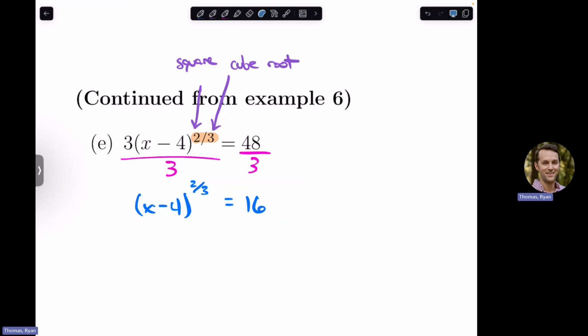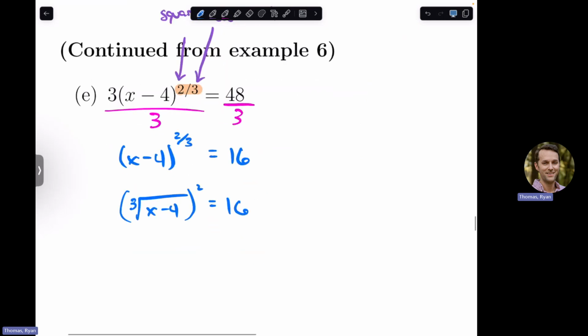Okay, so that helps, but we still have to at some point deal with what this 2/3 power means. The square root with the 3 in front. Okay. X minus 4 squared. Yep. Okay. Now take a minute and think about where you would go from there.